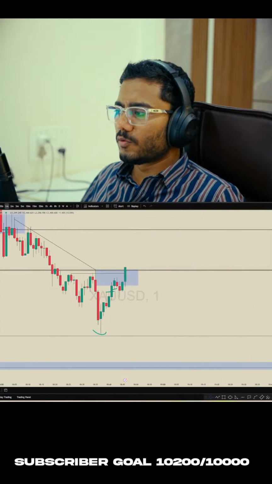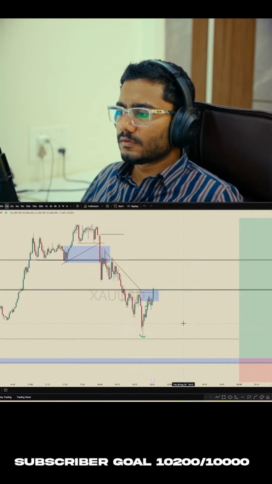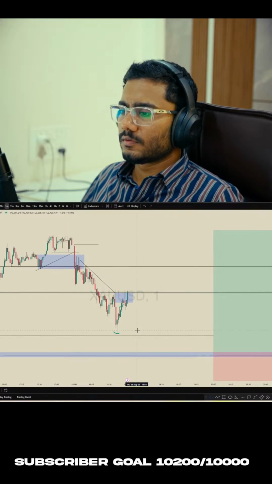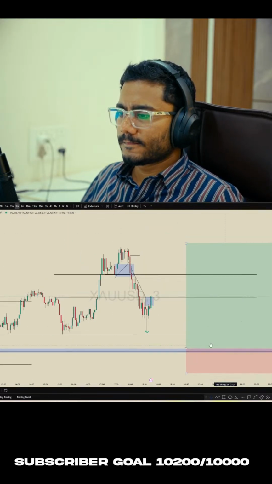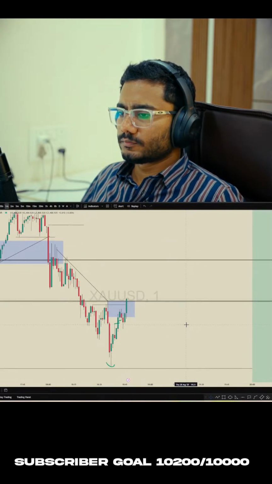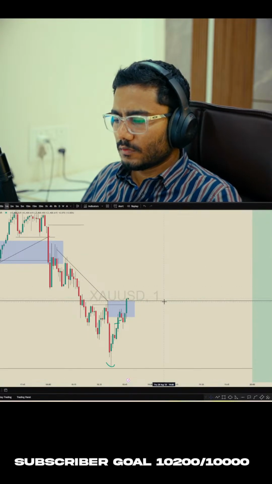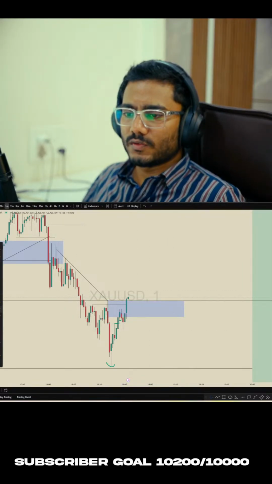Okay, so finally this is broken. So we can look for buy side entries from here. So this is an order block, and now this is a breaker block.